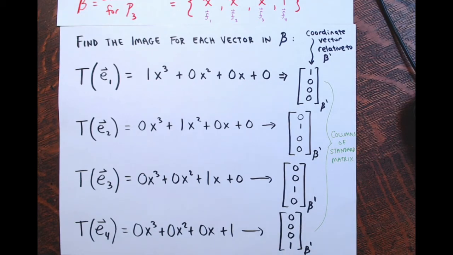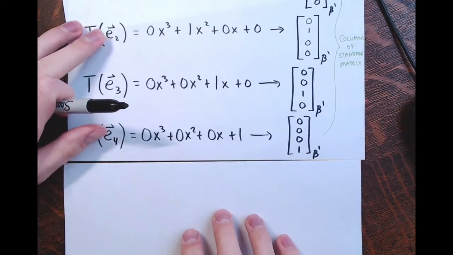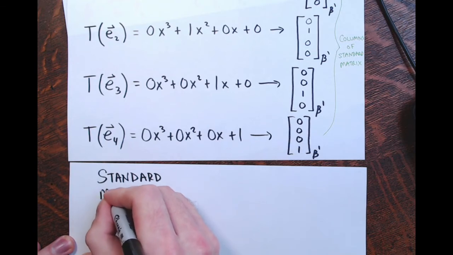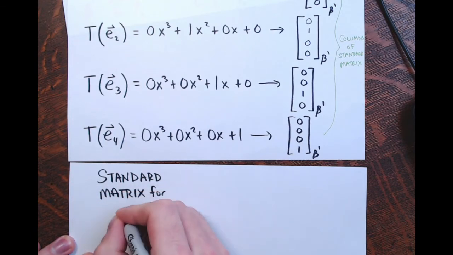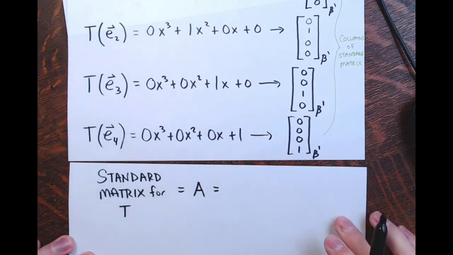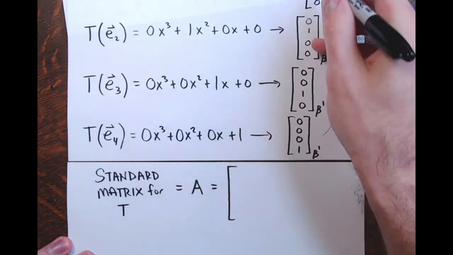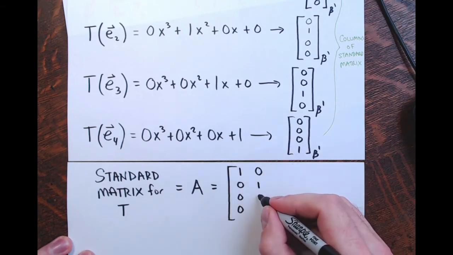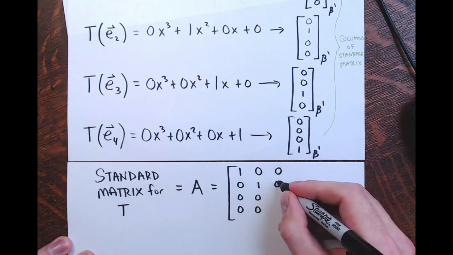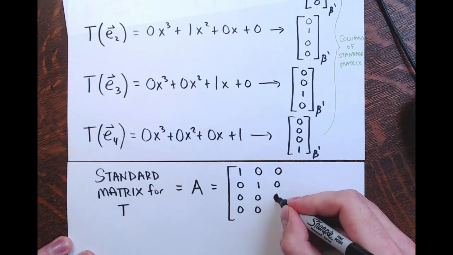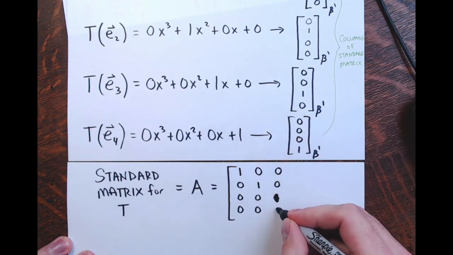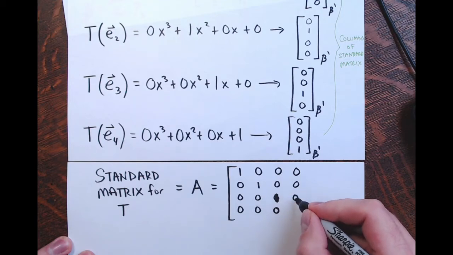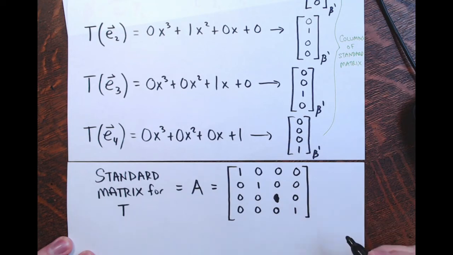So that standard matrix, which they're calling A, right, the standard matrix for T called A, is going to be basically a matrix where those are all the columns. 1 0 0 0, 0 1 0 0, 0 0 1 0 is the third column, and then 0 0 0 1. Sorry, it's a 4 by 4 matrix.